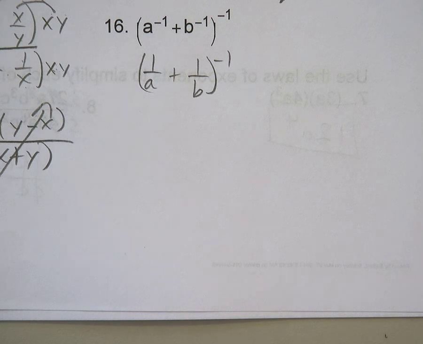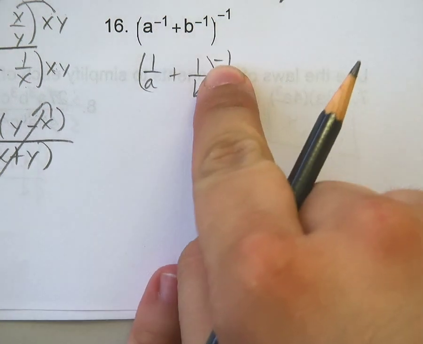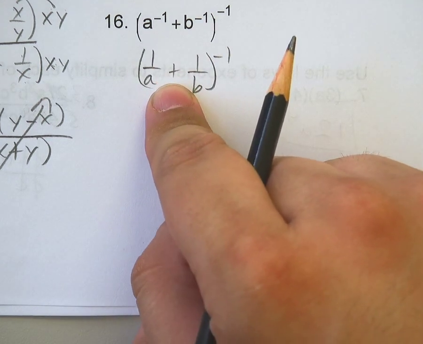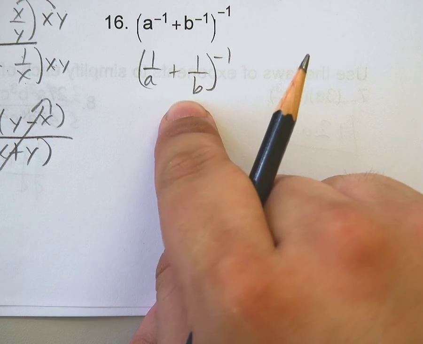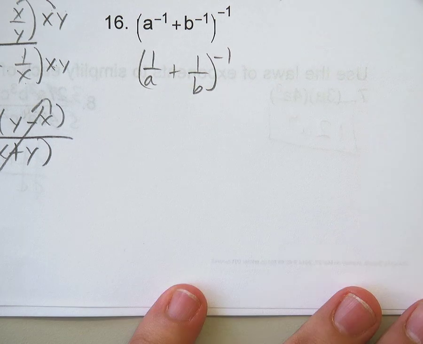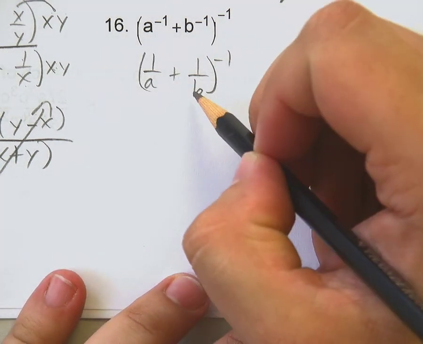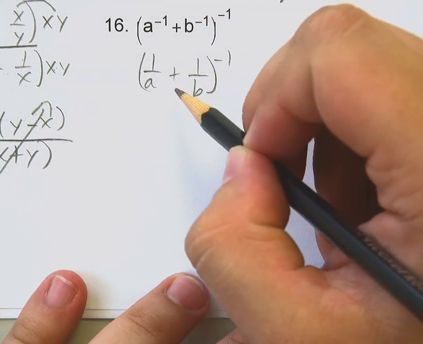Who cares? Join them up together. I cannot distribute this negative 1 until these fractions are one fraction. So come up with a common denominator. Multiply by a over b.